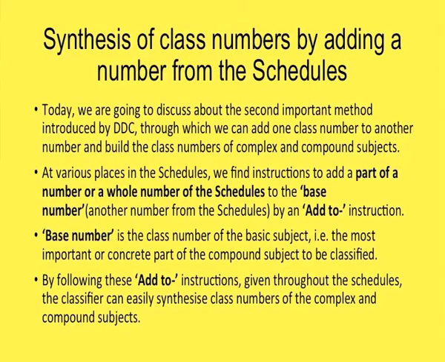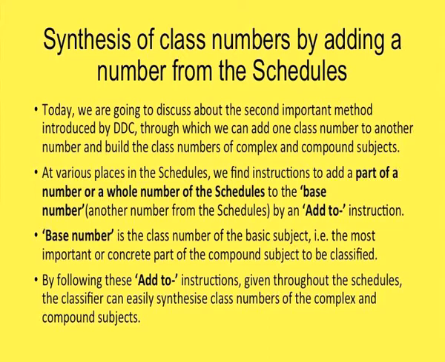At various places in the schedules we find some instructions, which we call add to instructions, and in many cases part of a number of the schedule and sometimes the whole number of the schedule is to be added to another class number of the schedule, which we call the base number.